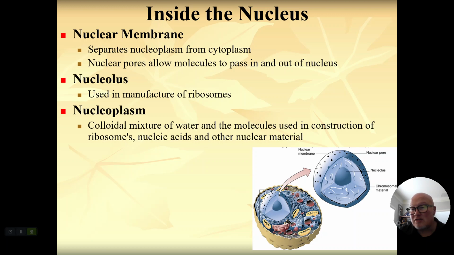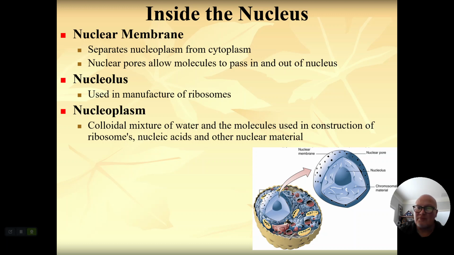Inside the nucleus of a eukaryotic cell, we have a nucleolus. The nucleolus does not control the nucleus; it is where ribosomes are produced. The nucleus is where we have all of the genetic material, not just in the nucleolus.